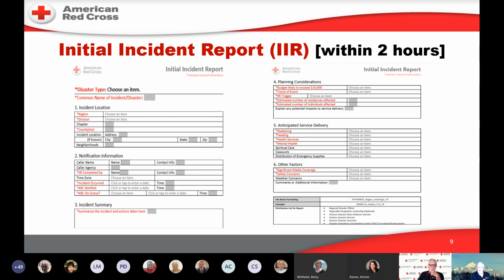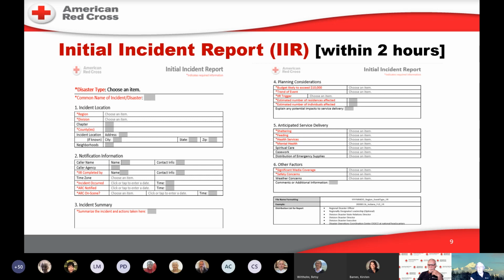You may or may not know at the very beginning, but in planning, are we going to go over that $10,000 range? I'll use the case of a fire: are we going into a large subdivision and it looks like it's going to have a major effect? Do we have a hot day, a lot of wind, and a lot of embers flying?